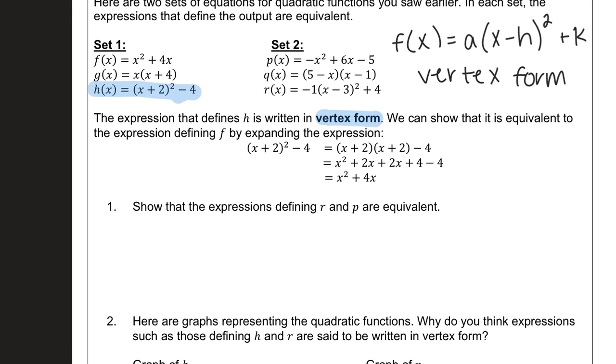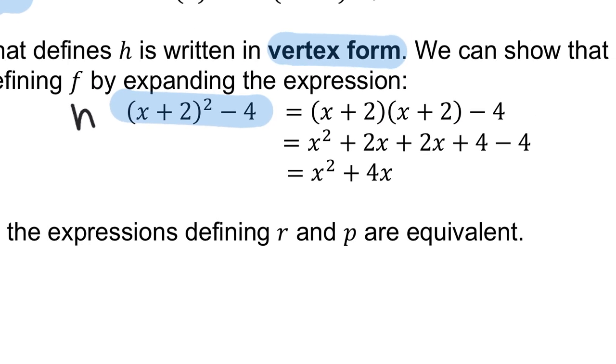So if we start with h, this is our equation h, we can expand that. The first thing that we could do is take this (x plus 2) squared and write it as (x plus 2) times (x plus 2). And then we still have the minus 4 over here.